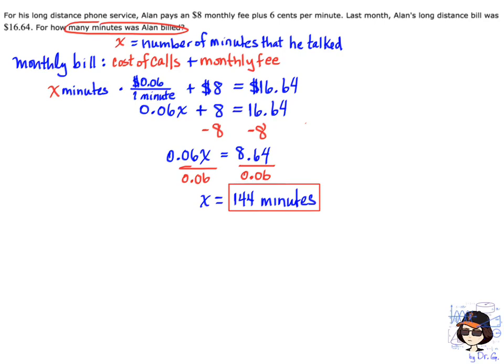And you will lose points if you don't define your variables before you write down your equation. And also, in those complicated word problems that we're going to see later, starting next week, it's really going to help you set up your equation if you know really clearly and understand what your variables represent.